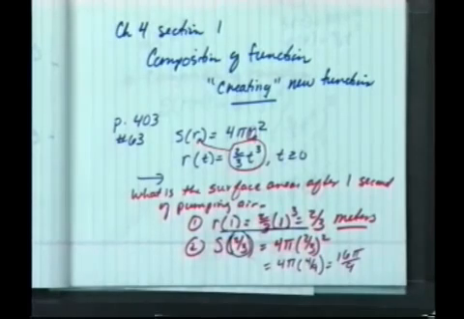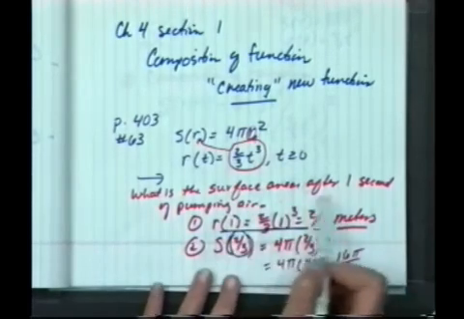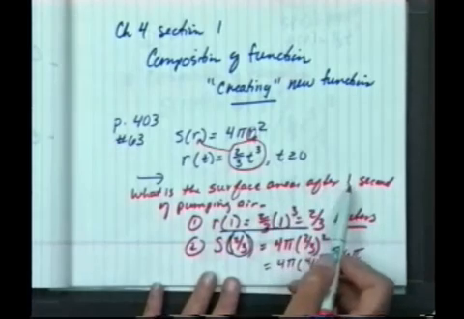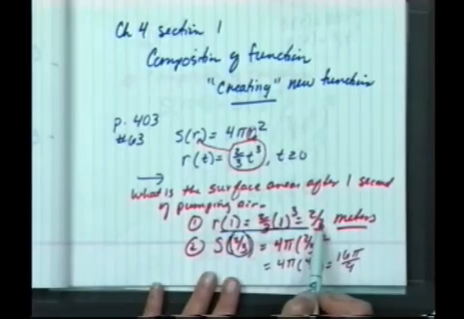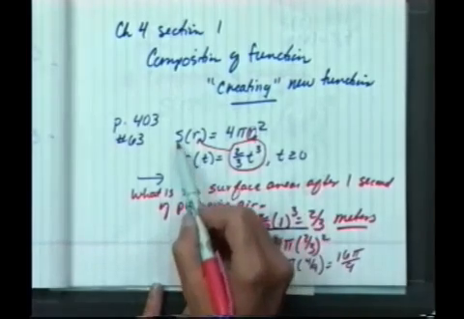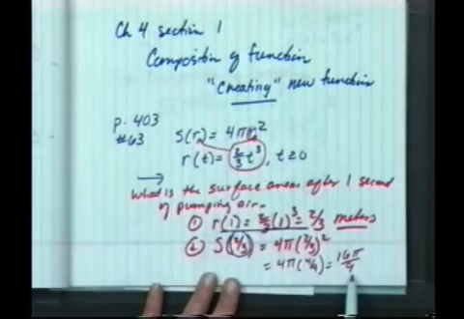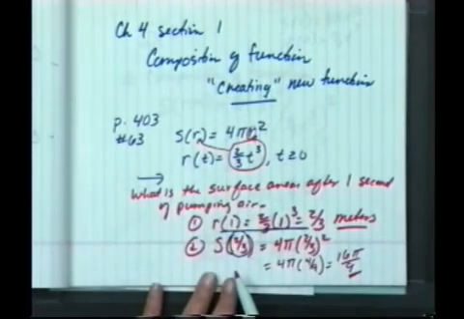It's just a substitution. But we took a problem, what is the surface area after 1 second? You first found the radius after 1 second, and then you put it into the formula for surface area, and you found the surface area after 1 second. Is that good?